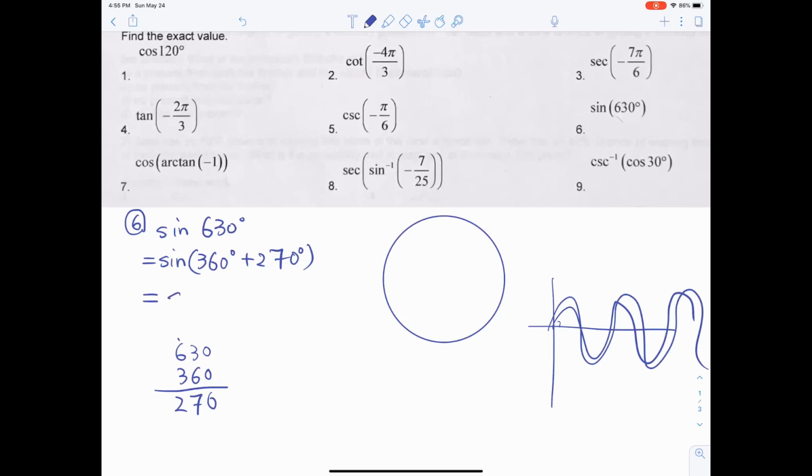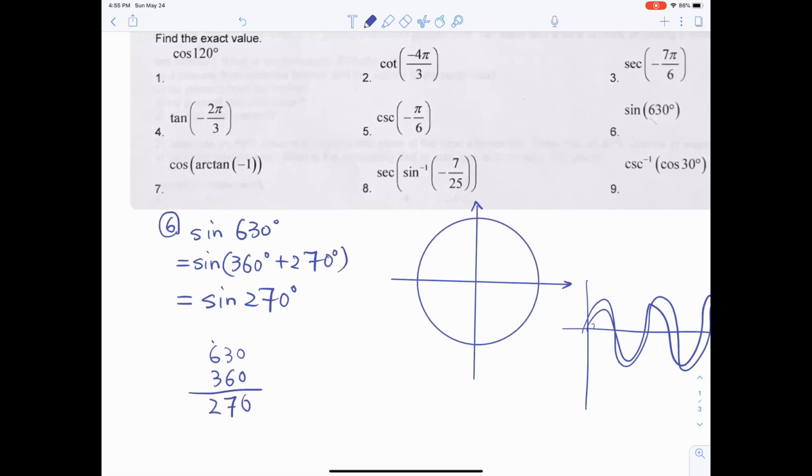So this is sine of 270 degrees. Come back here. Draw a line here. So sine of 270 degrees: 90 degrees, 180 degrees, 270 degrees. It's here.